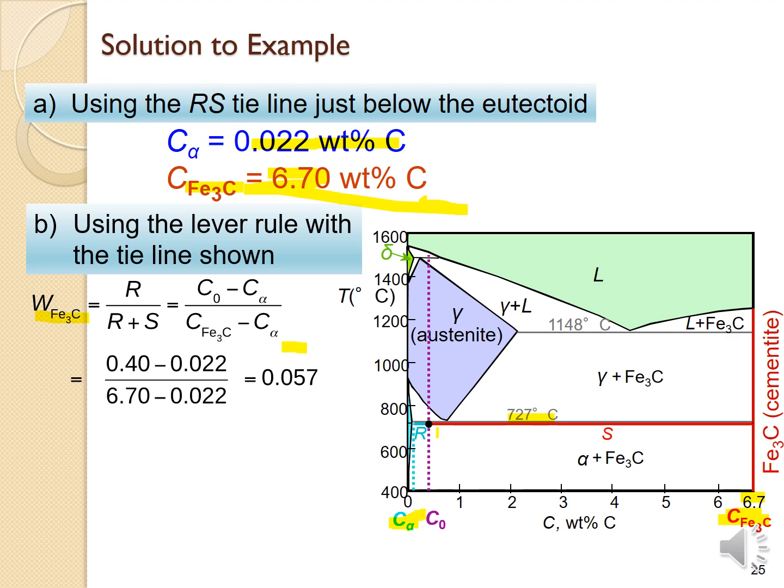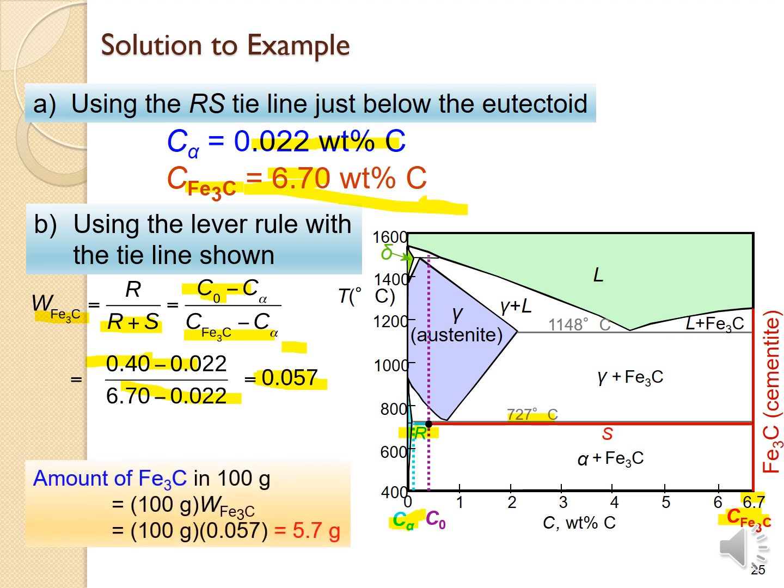So just use the opposite length here divided by the overall length, which is R plus S. Use those compositions we figured out earlier, and C0 is given as 0.4, and calculate the weight percentage of cementite, or that phase amount. It is about 5.7%, which means in 100 grams of steel, we have 5.7 grams of cementite.